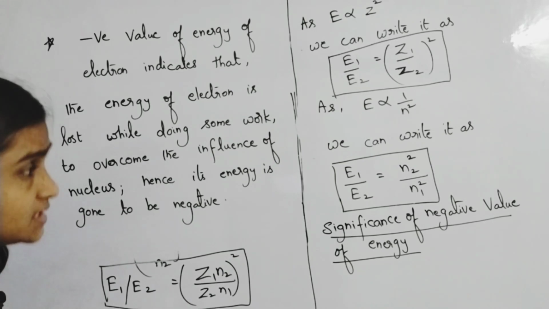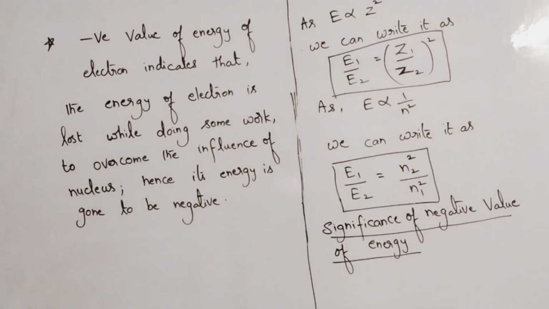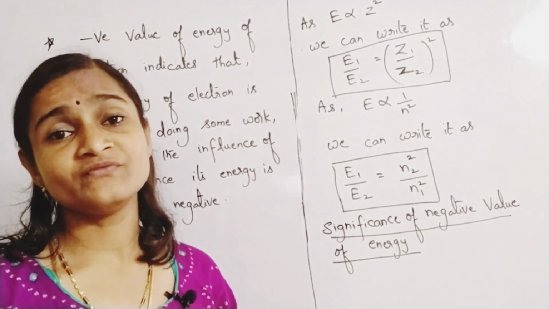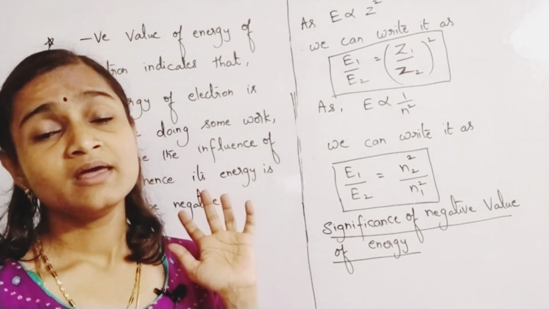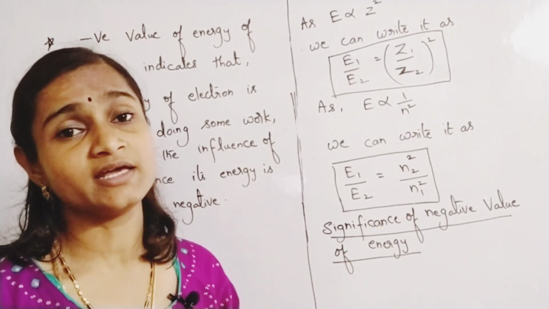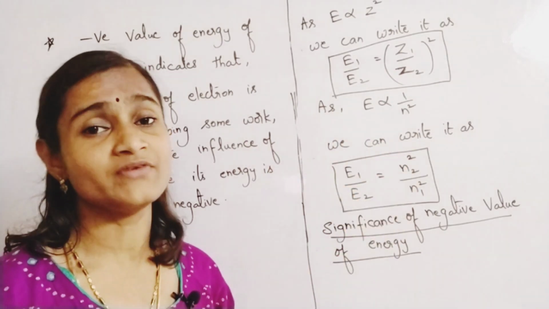So this is all about the expression for energy of the electron. I hope you all have understood. First, what we have done: the total energy of the electron can be calculated as the sum of potential energy and kinetic energy. The potential energy formula we wrote, and kinetic energy is half mv square.